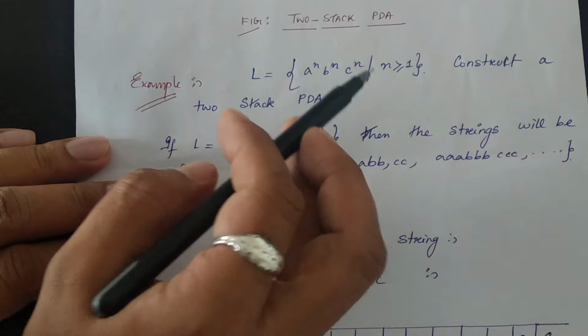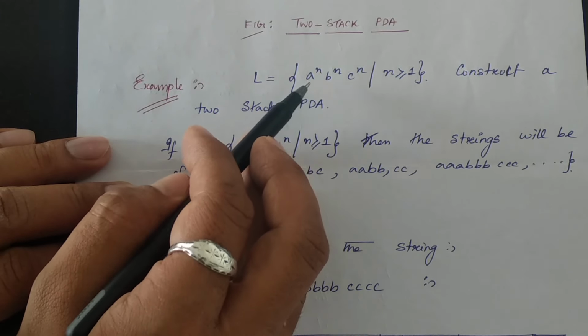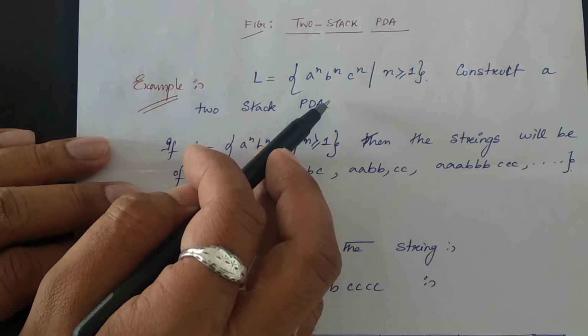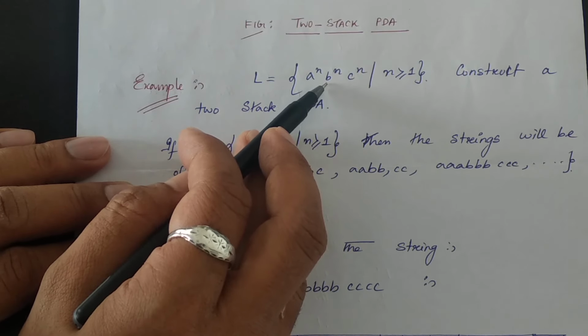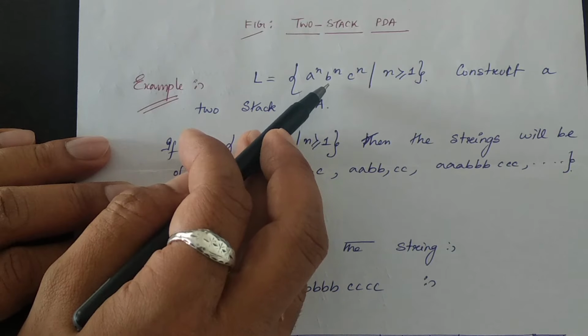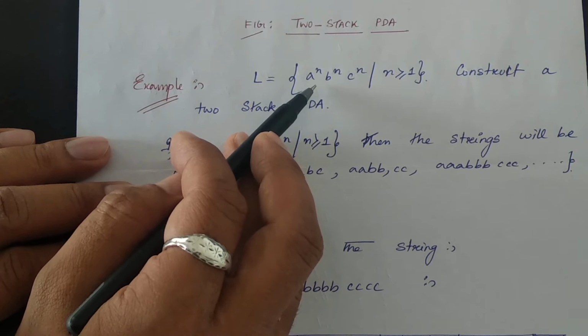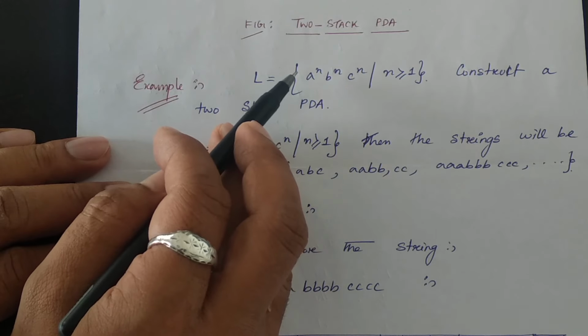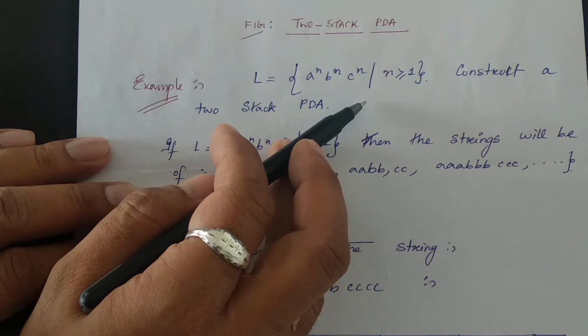Again, I am repeating what the process will be. On reading all the A's, I will push them into stack number 1. Once I start reading B, I will do two parallel operations. I will pop one after another all the A's from stack number 1, and while popping, I will push these B's into stack number 2.